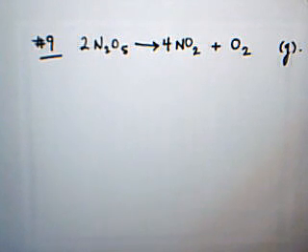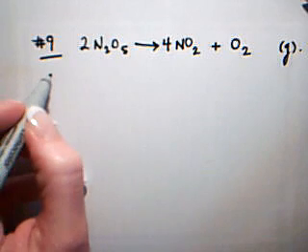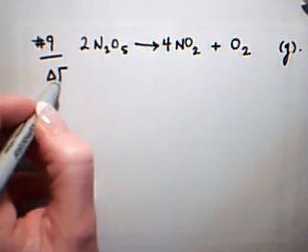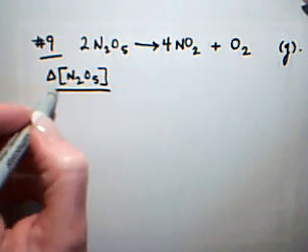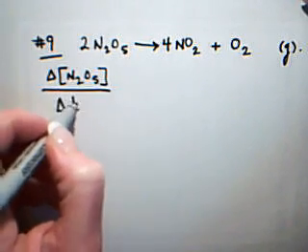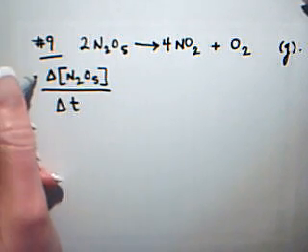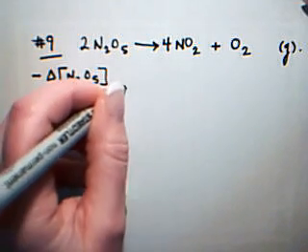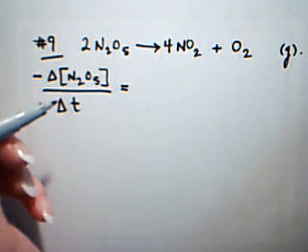They give us the rate of consumption of N2O5. So the change in N2O5 with time is its rate of change. But because this is a reactant, I would have to take the negative value of that to get a positive value, of course, for the rate of its consumption.